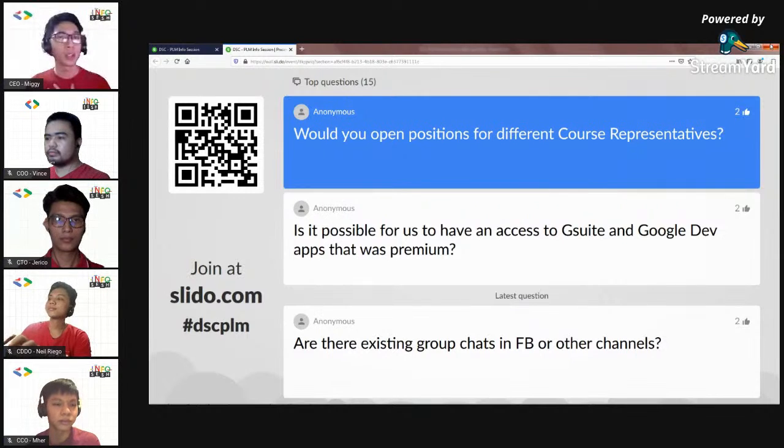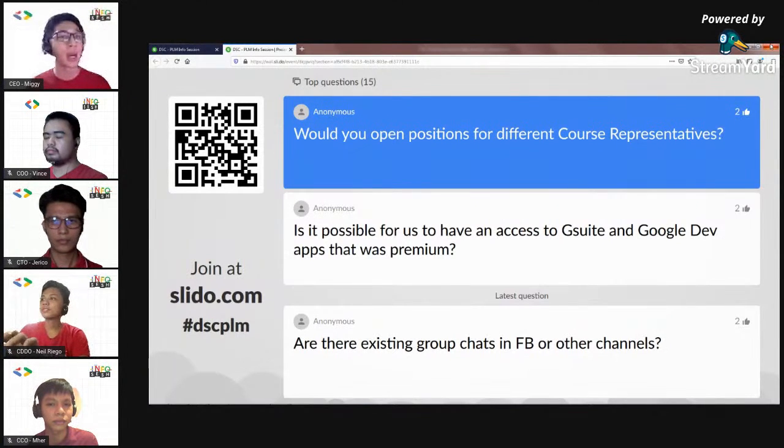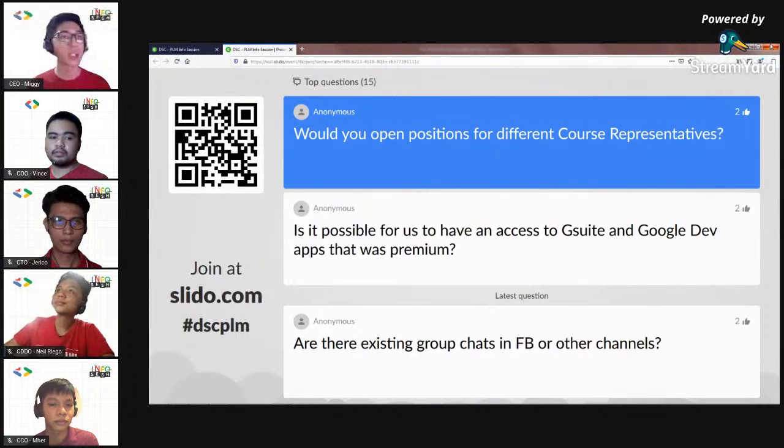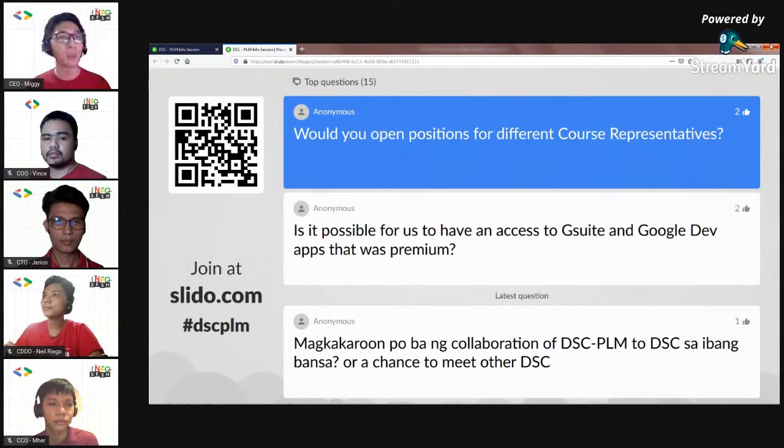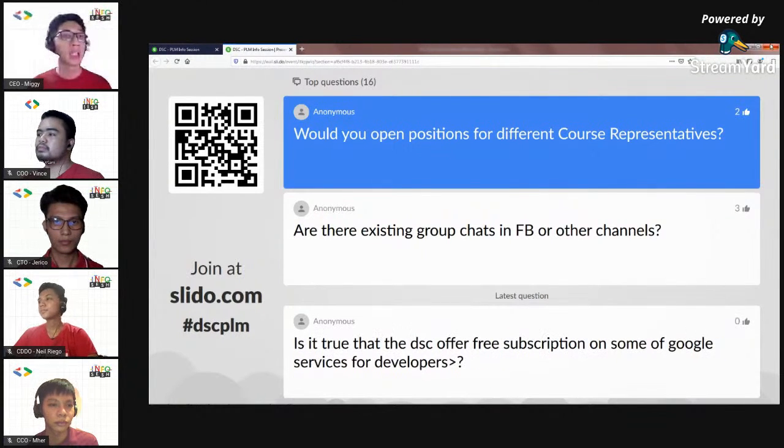Next one. Would you open positions for different course representatives? This is something that we are going to consider. However, there's no solid plans yet. Maybe yes, maybe no, because technically in the officers, one of the requirements that we would be imposing is that the officers would be open for all undergraduate courses.